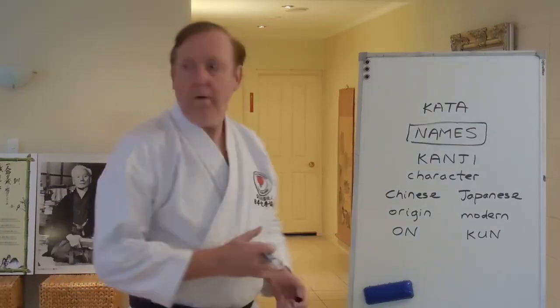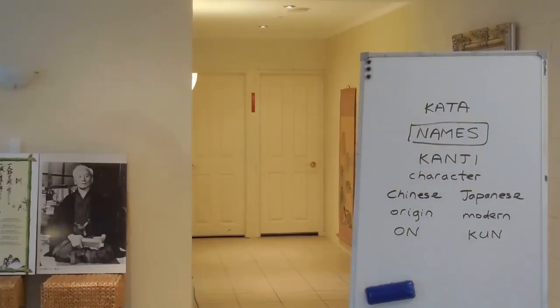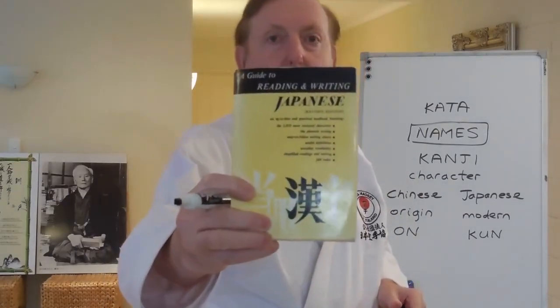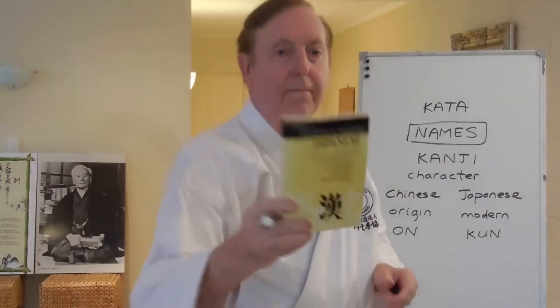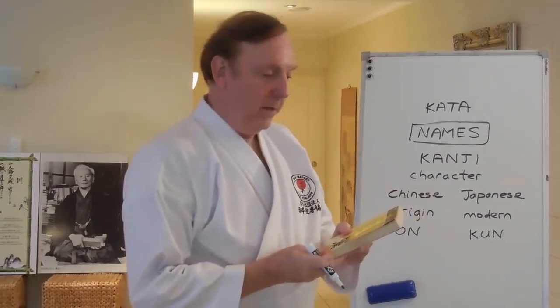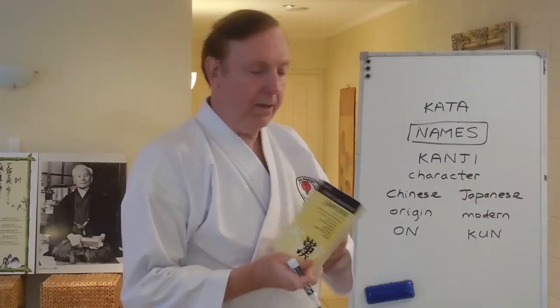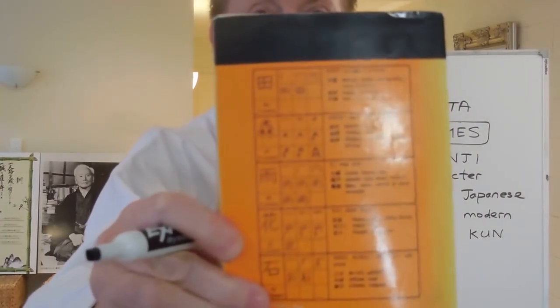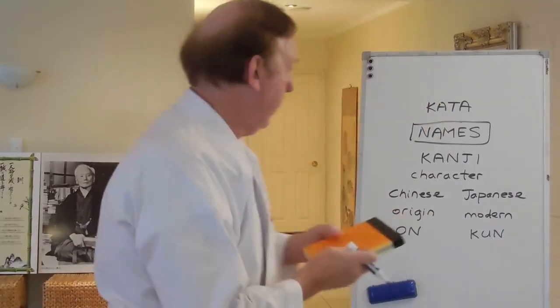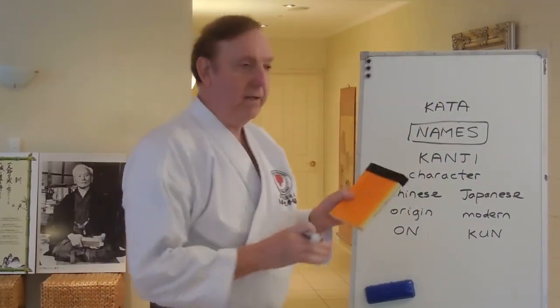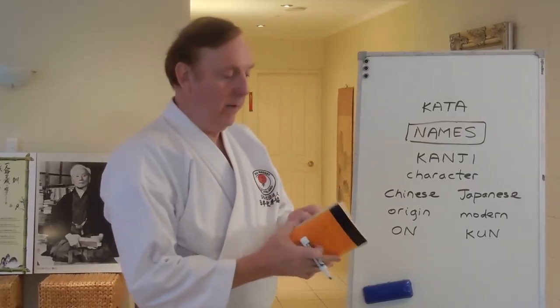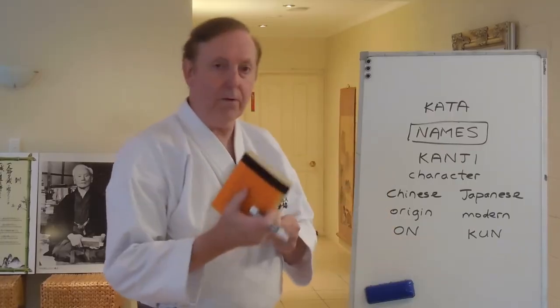So what I'd like to also do, just very briefly, is show you a Japanese kanji book. Can you see that there? So this book actually is a guide to reading and writing Japanese, and I'm not sure you'll be able to see that on the back. No, probably not. But what it does actually is it explains each word or each picture throughout the book, and this is a very useful style of book.